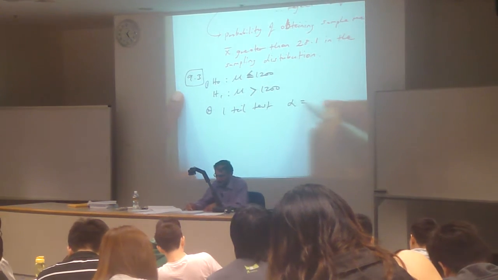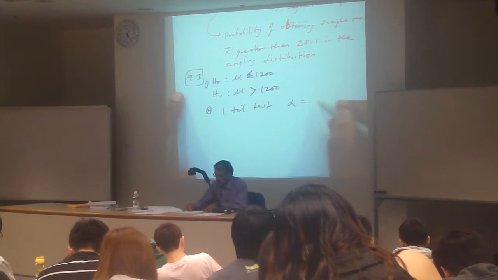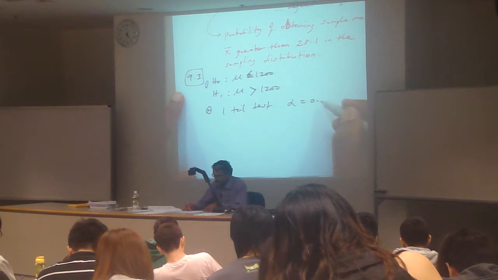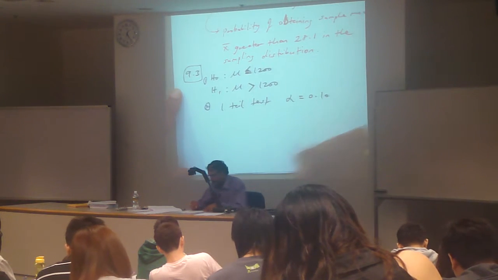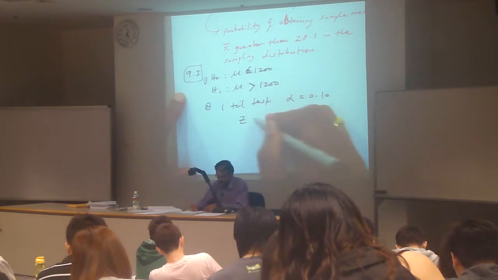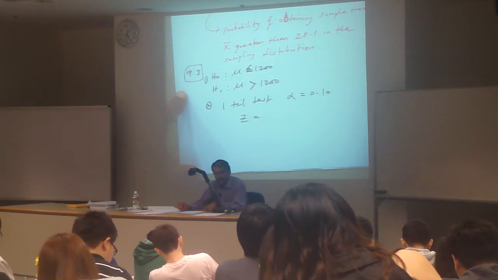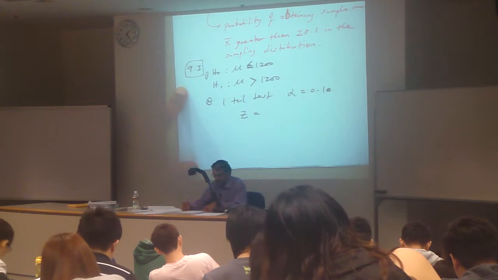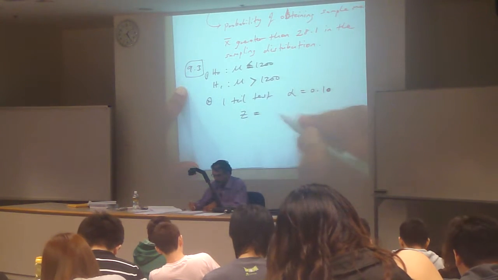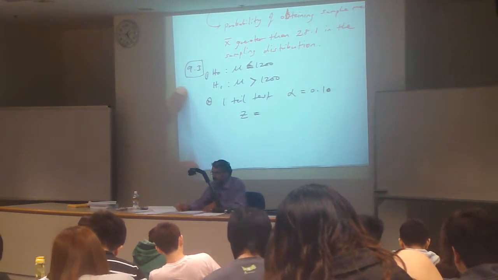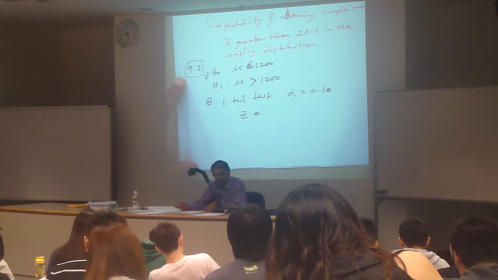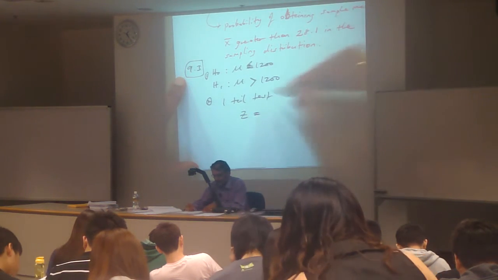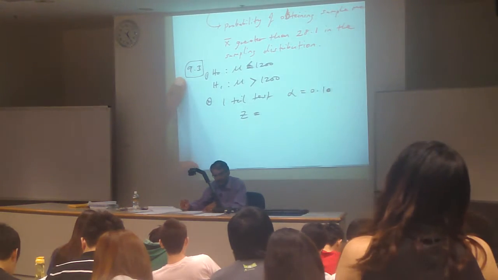Then step 2, this is a how many tail test? One tail test, alpha 0.1. Z for 0.1, one tail.